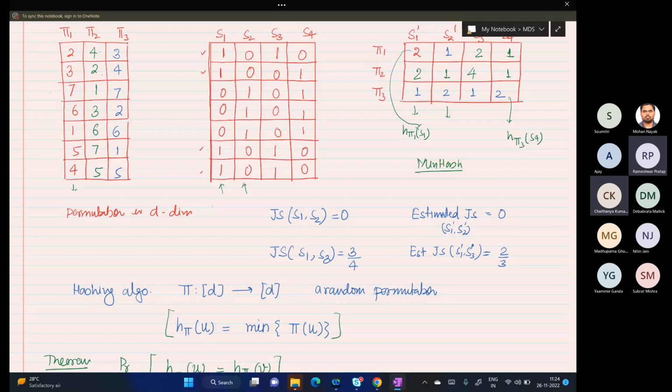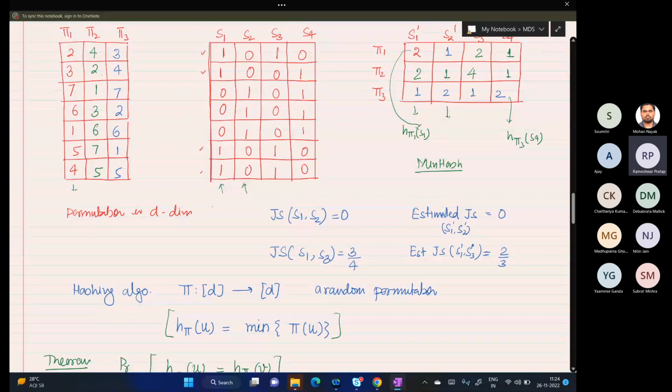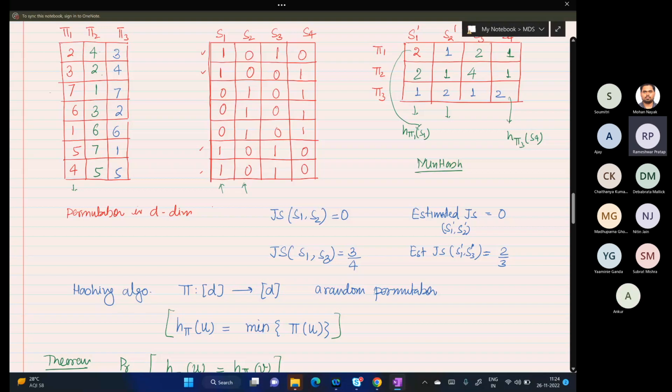There is no chance, right? Because there is nothing common in S1 and S2. You can try generating some more permutations and convince yourself that for S1 and S2 it is unlikely.